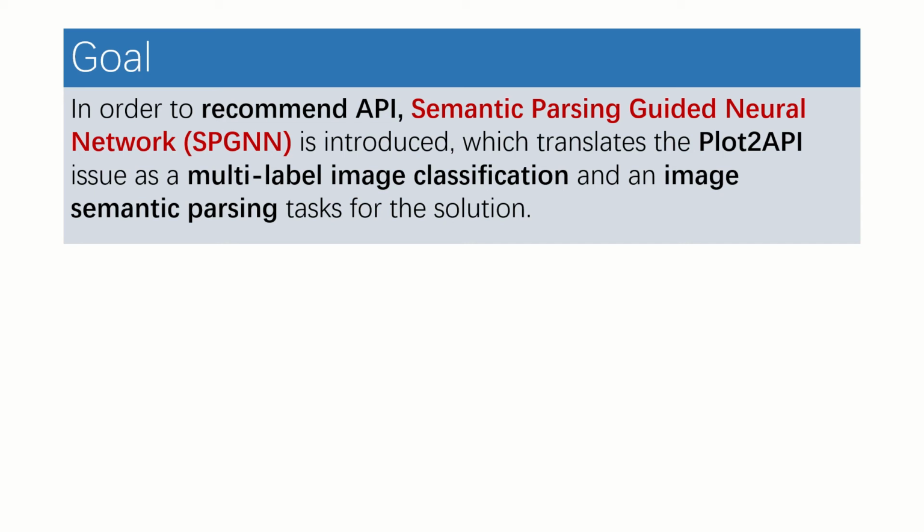However, these existing works are quite different from Plot2API, since they accomplish the API recommendation tasks based on source code or textual descriptions. To the best of our knowledge, the Plot2API issue remains unstudied.